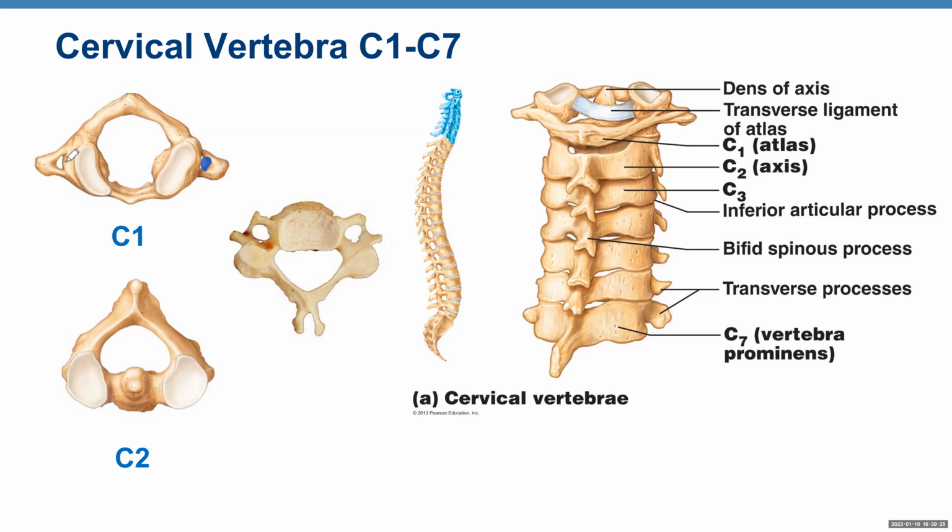You find it here, and you cannot see it in C2, but it is present in C2 as well. All cervical vertebrae have this foramen, and the vertebral artery moves inside it to the brain.